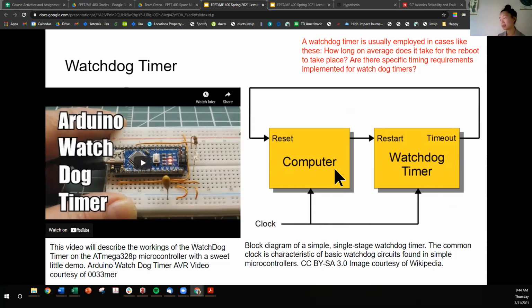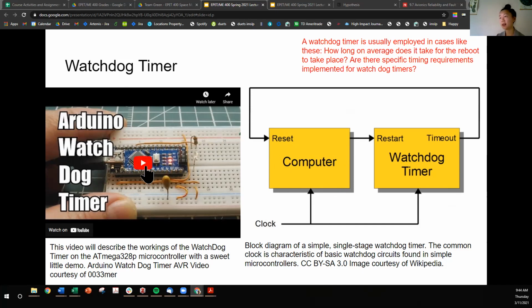The computer is tasked to always send some kind of ping of whether it's still healthy. If the watchdog timer does not receive some kind of healthy signal from the computer, it could be that the computer was zapped with radiation and its logic is all messed up. In that case, the watchdog timer would send a timeout signal and reset the computer.